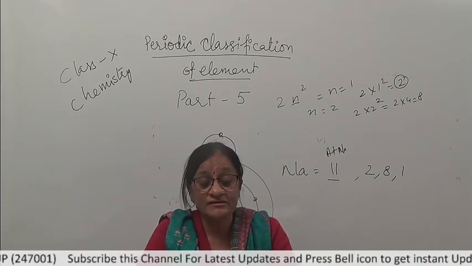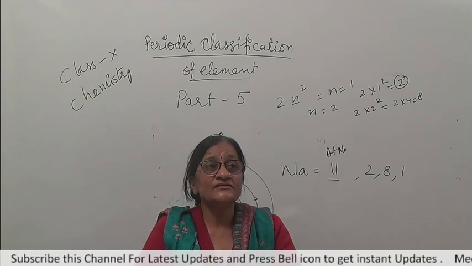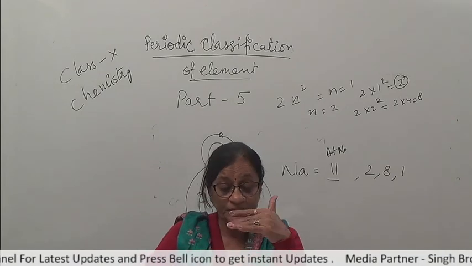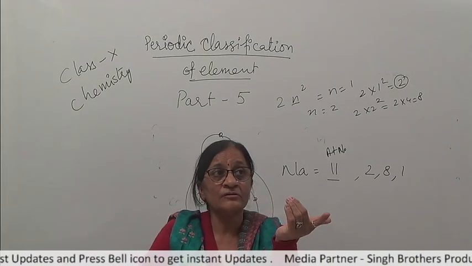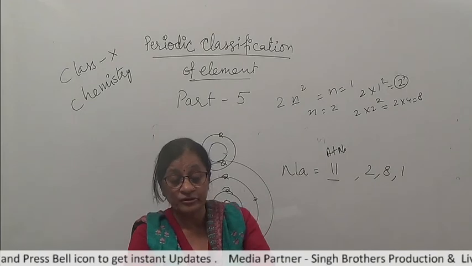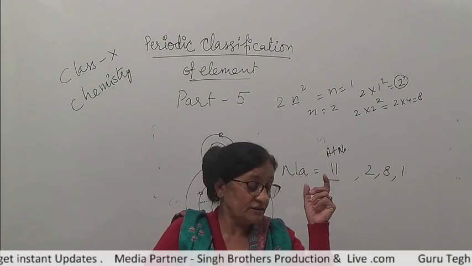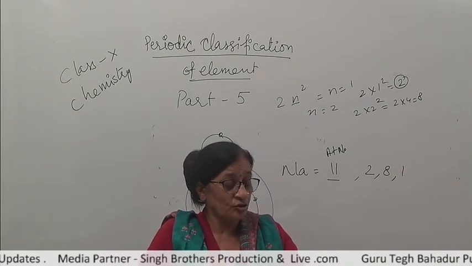Now, characteristics of a period. As we have seen, the horizontal rows are called periods, and there are 7 periods in the modern periodic table. Each period starts with group 1, as you are seeing on page number 86 in your book.